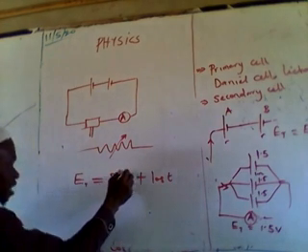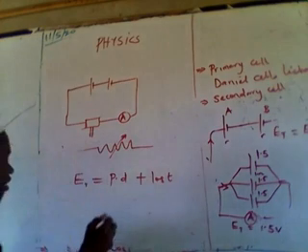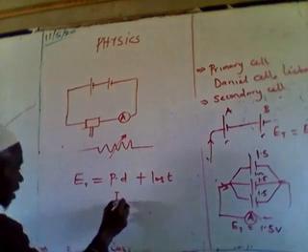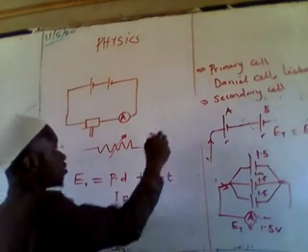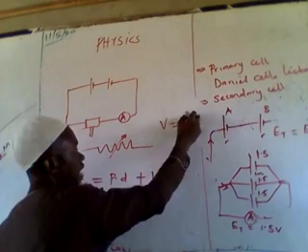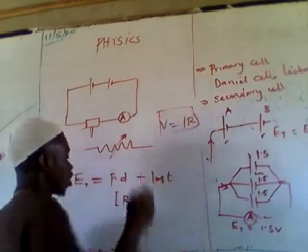The potential difference when it is delivering current is denoted as IR from Ohm's law. I think you still recollect that V equals IR. Take note of that. This is your Ohm's law.